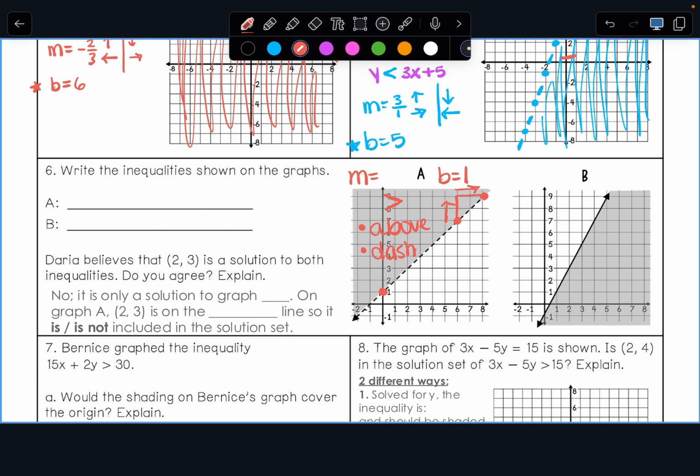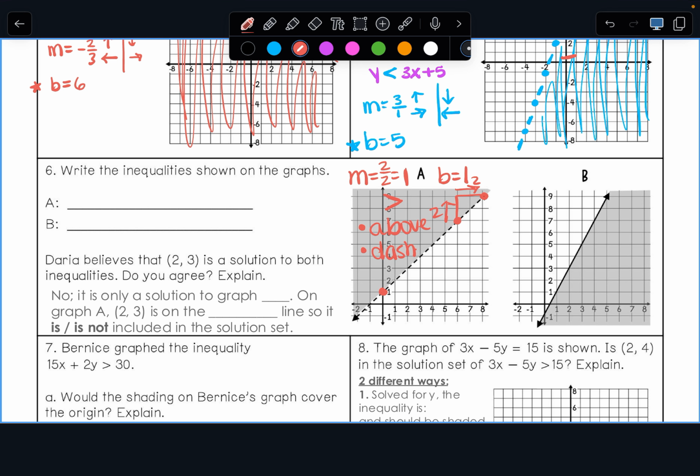Up 2, right 2. 2 over 2 simplifies to give us what? 1. There is an assignment where a lot of people used 2 over 2 as a fraction and said that the slope was 2x. 2 divided by 2 is 1. Simplify each and every fraction, okay?